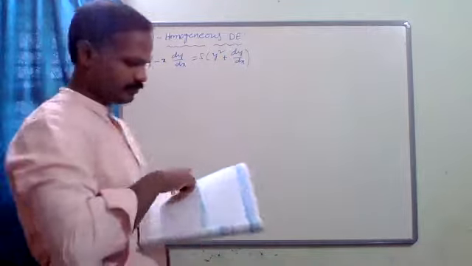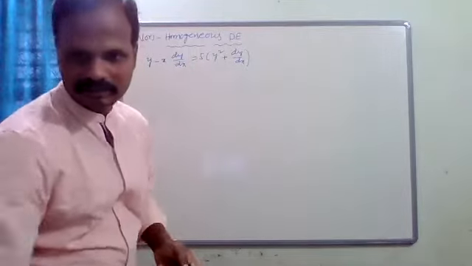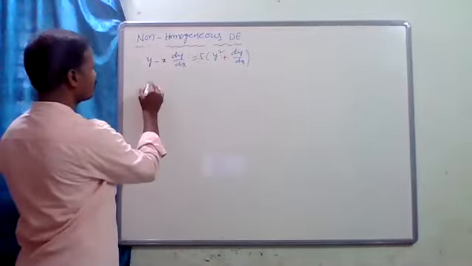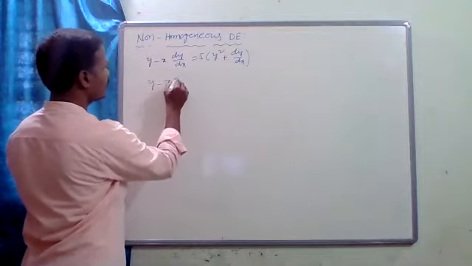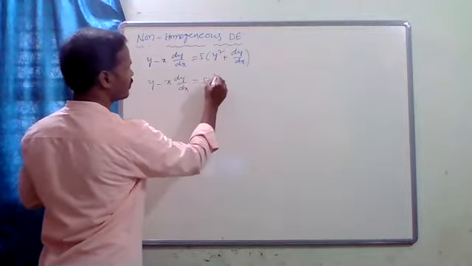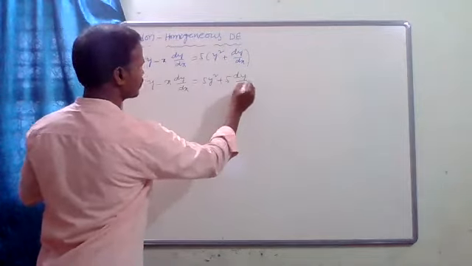Exercise 8B. So this is the problem. Yes, is it correct, Mamata? So y minus x dy by dx equal to 5y square plus 5 dy by dx.